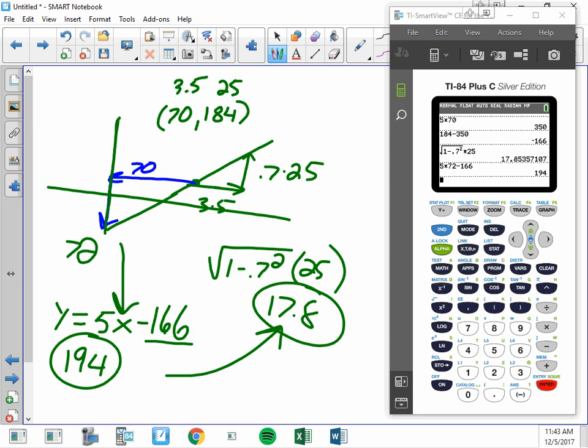What if R was like 0.99? Nope, because it's 1 minus 0.99 squared. So the larger that R value is, larger R will give you a larger RMS error. But sorry, I said that backwards, you're right. Larger R values will give you a smaller RMS error because the points are closer to the regression line.